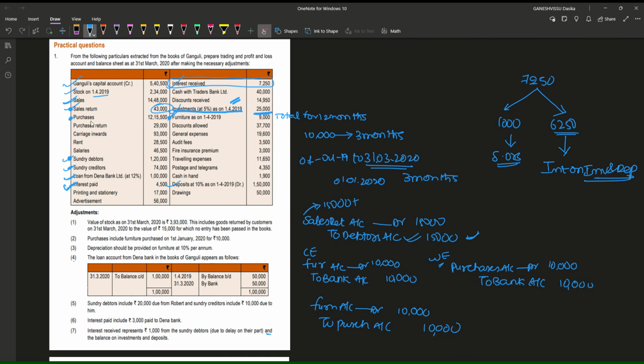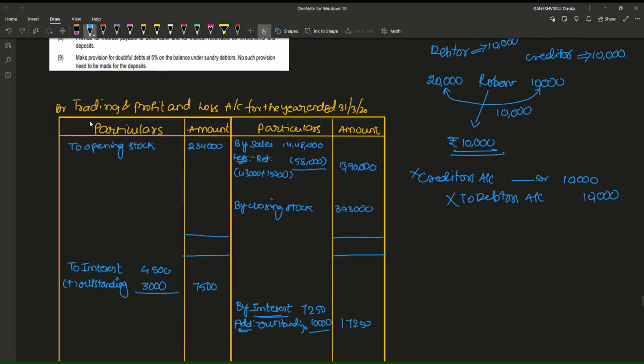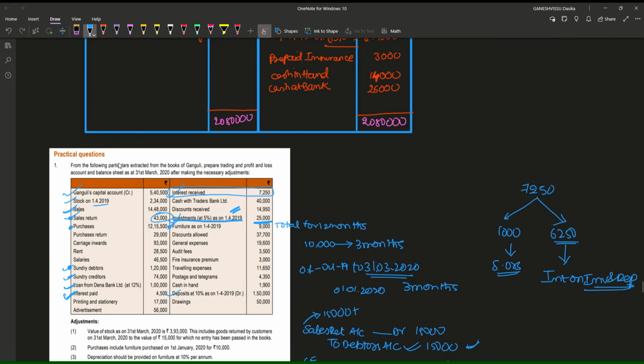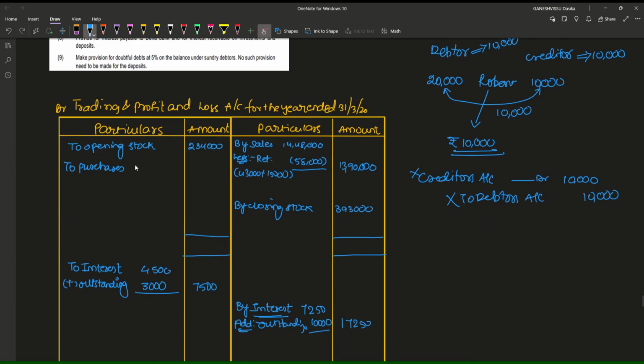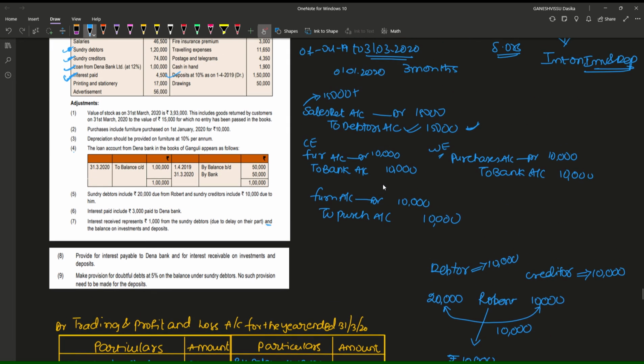Now we have purchases. To purchases 12 lakhs 15,500, and we need to deduct the amount which we have taken for purchases of furniture, 10,000 rupees.